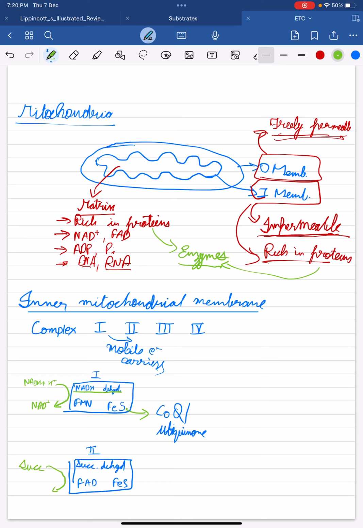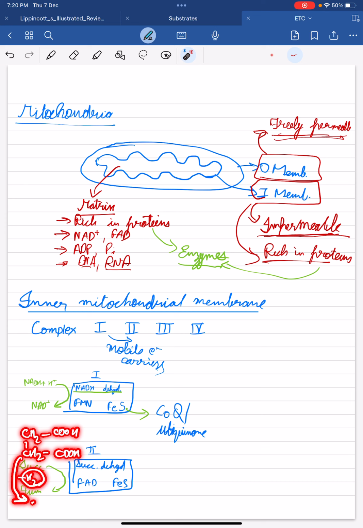And when succinate is oxidized, it forms fumarate. See, succinate is this compound. Now, when this is oxidized or a hydrogen is removed, it forms a double bond here, and this structure is known as fumarate.